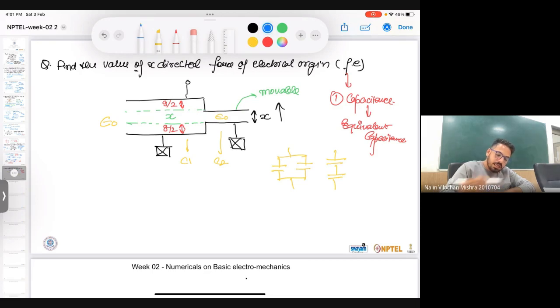And we are saying that because the potential is same in both of these capacitances. Like this voltage will be same here also and here also, and charge will be like this. The total charge will be the addition of these two charges.